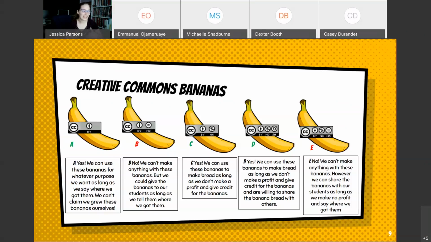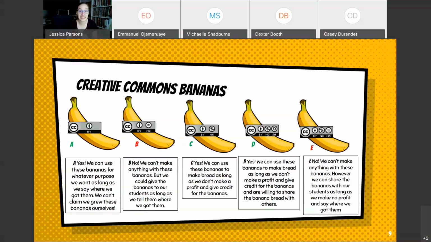For C, yes, we can use that. We just have to make sure that we let them know where we got the banana bread, where we got the resource, and we can't sell the banana bread once it's been created. For D, yes, we can also use that banana to make something new. We just have to make sure that we let the students know where we got those materials.